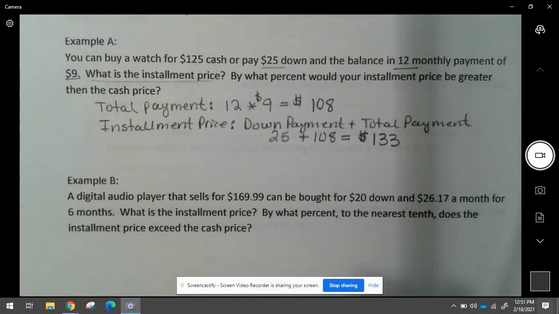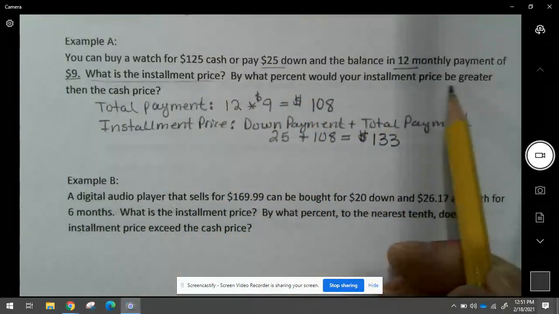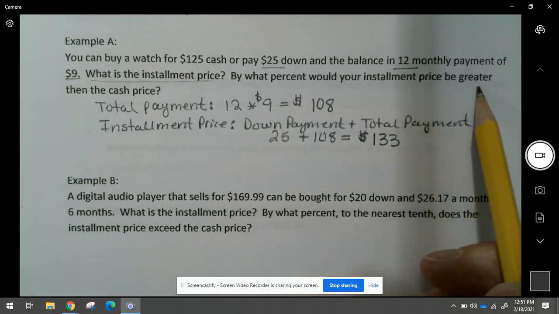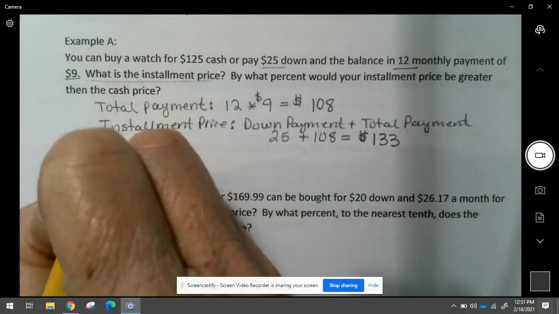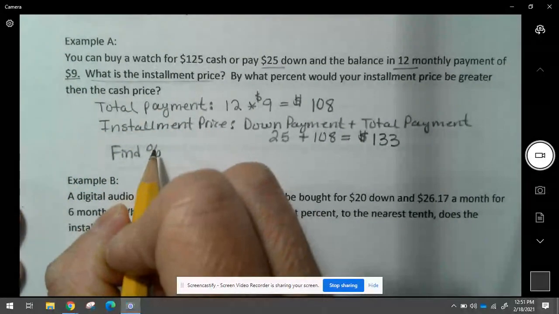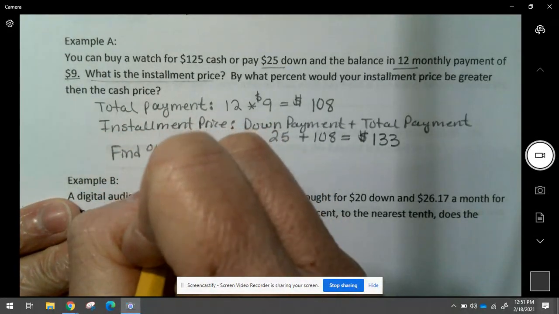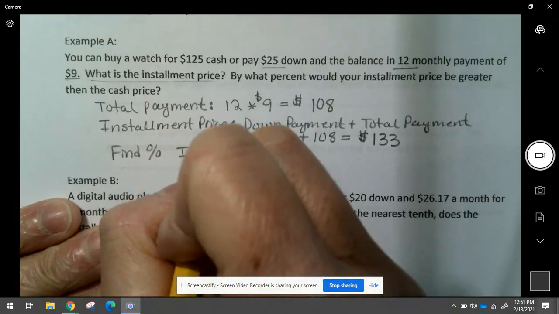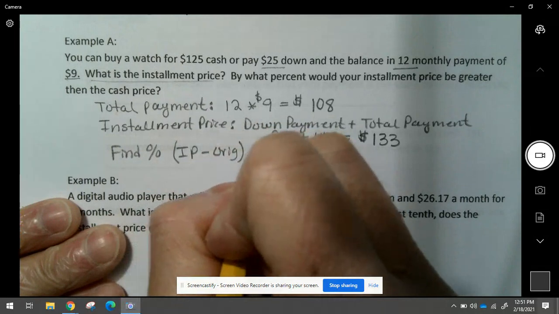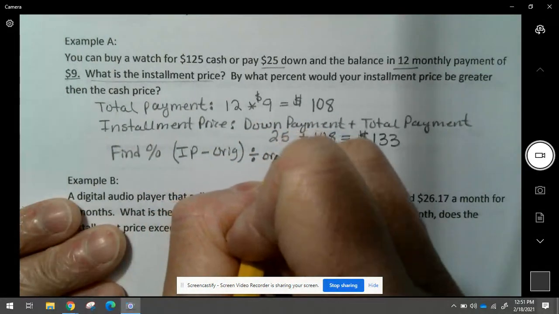Okay. Now they want us to find the percent. It says, by what percent would your installment price be greater than the cash price? So what we need to do is to find the percent of the difference. So we're going to take the installment price, subtract the original, and we're going to do that in parentheses, and we're going to divide that by the original.